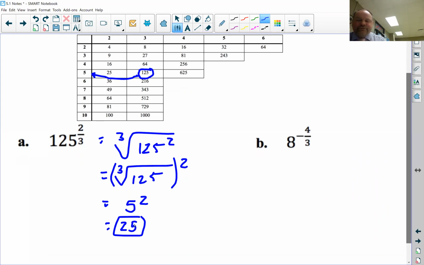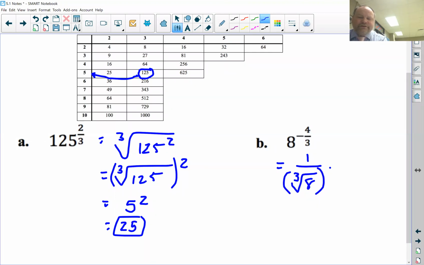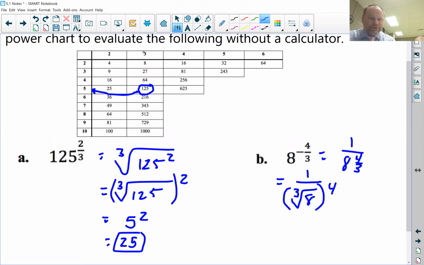8 to the negative 4/3 means we have 1 over the cube root of 8 to the 4th power. So this would be 1 over 8 to the 4/3. So again, if I look in my cube roots, there's 8.